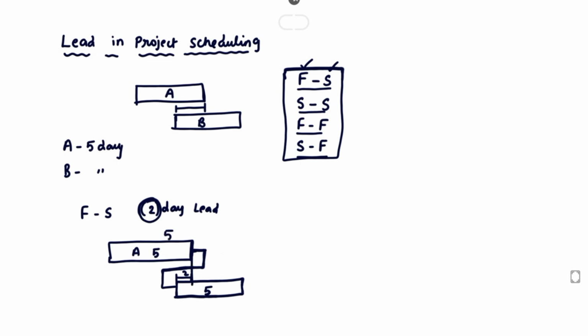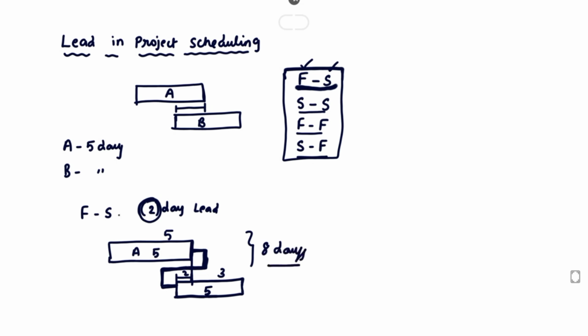Normally, whenever the first activity is completed, after that the second activity will be started, that is finish to start. But the lead is 2 days. Before completing the activity, 2 days earlier, the B activity will be started. So the remaining duration is 3 days. So now the total project duration is 8 days.